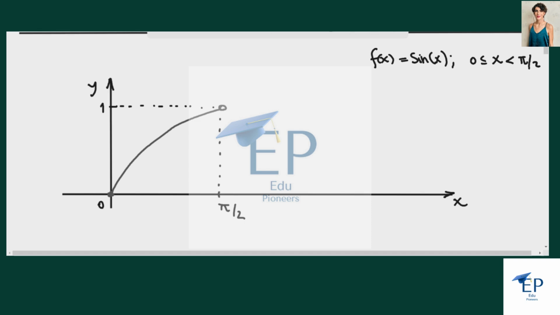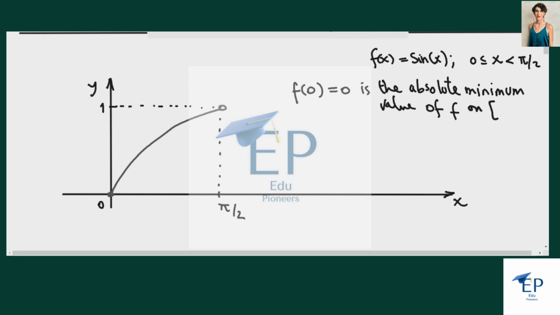And so we have, effectively, an absolute minimum at 0 and the value is 0. So f of 0 equals 0 is the absolute minimum value of f on the interval 0 closed, pi half open.